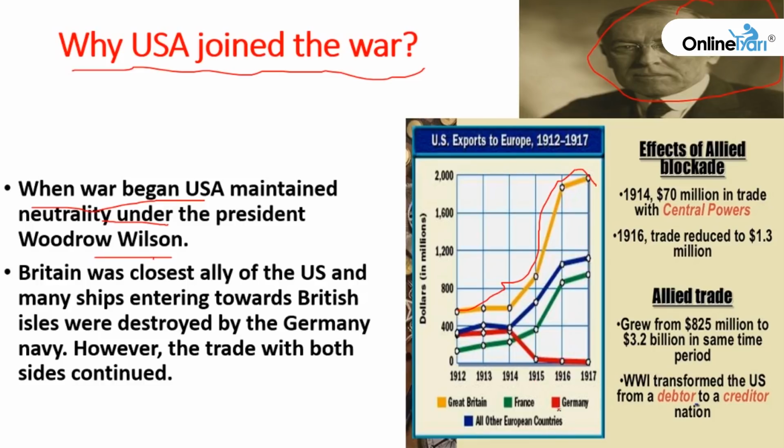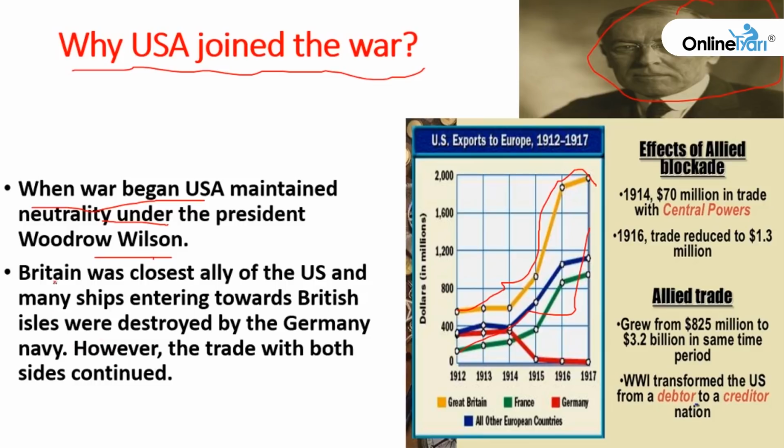With Germany it declined after 1915, after the Lusitania incident we will talk about, and then with all other countries. Even after the war, they enjoyed trade prosperity because all of Europe went into dismal conditions because of the war devastation, and before the war they were really supreme.